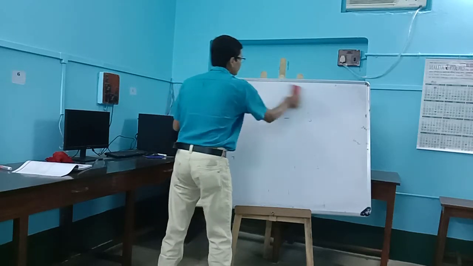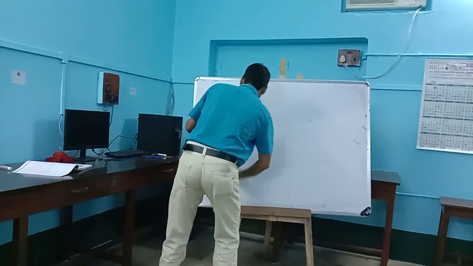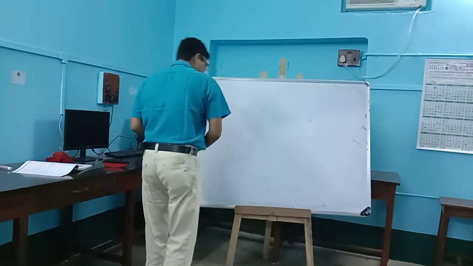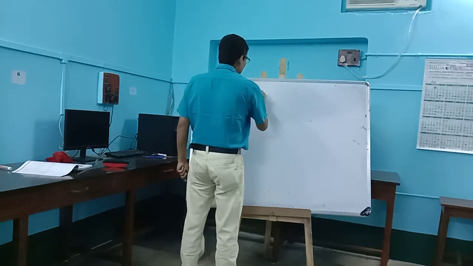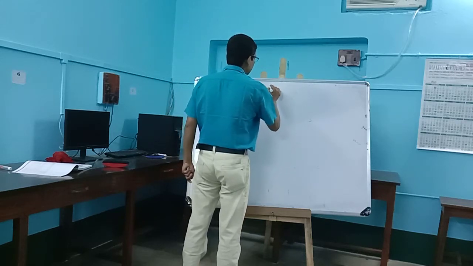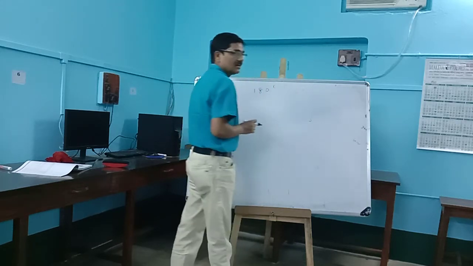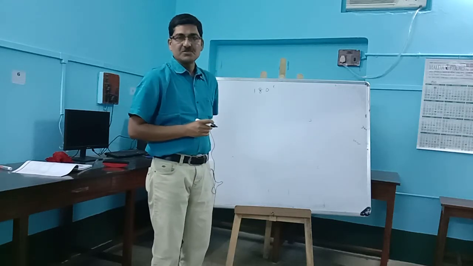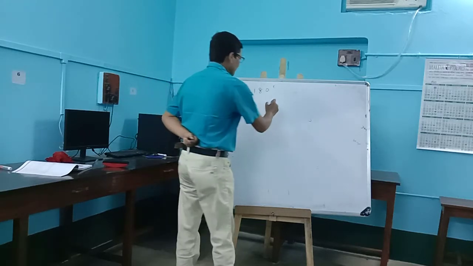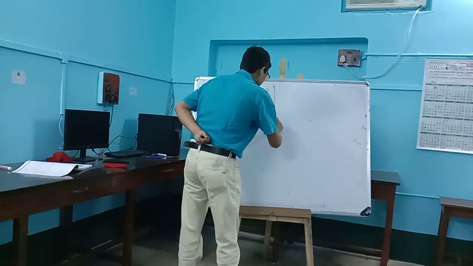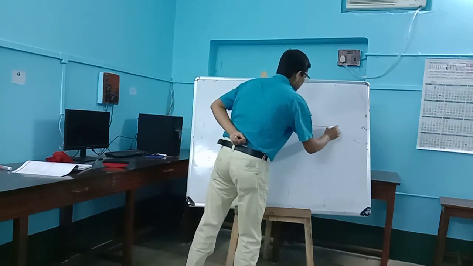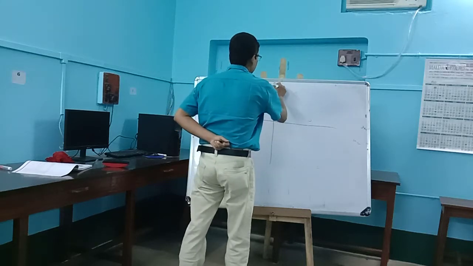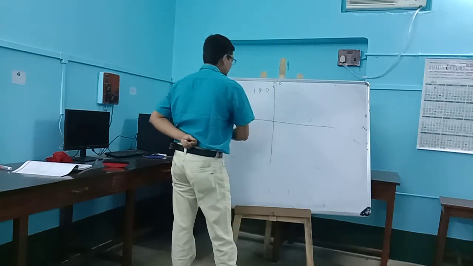Next, just now I told you there are a total of 180 lines of latitude. If we divide this entire globe into 4, this is 90 degree, this is 0 degree.